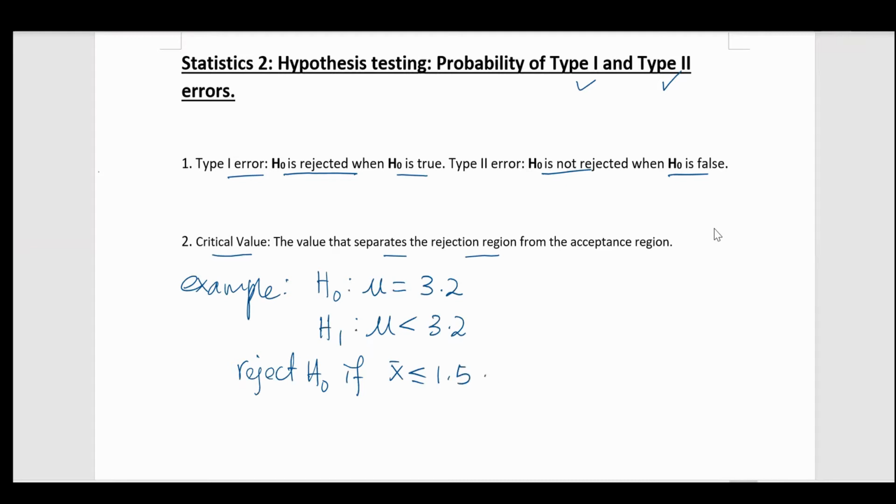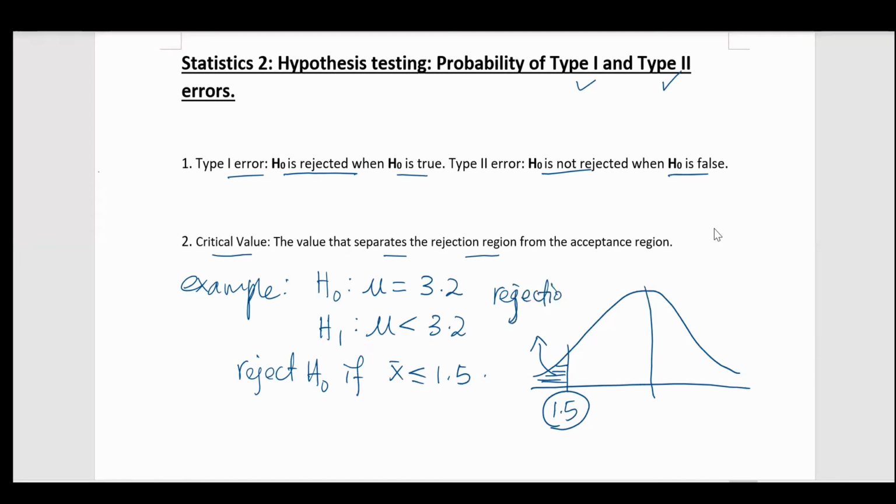This means if the calculated value is less than 1.5, then we will reject H null. So 1.5 is the critical value, and this is the rejection region, and here will be the acceptance region.